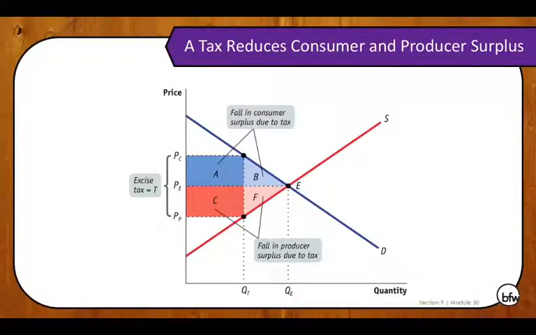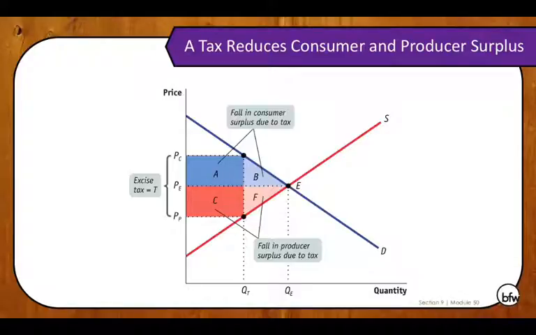So we can see here that a tax reduces consumer surplus and producer surplus. Consumer surplus that is lost is the areas shaded A and B. Lost producer surplus because of the tax is areas shaded C and F. But the area of A and C is the excise tax revenue that goes to the government.